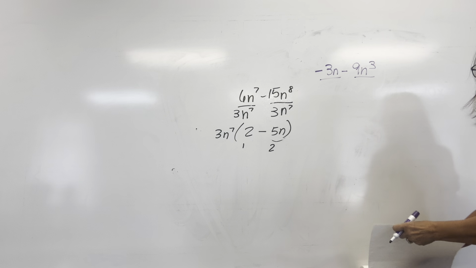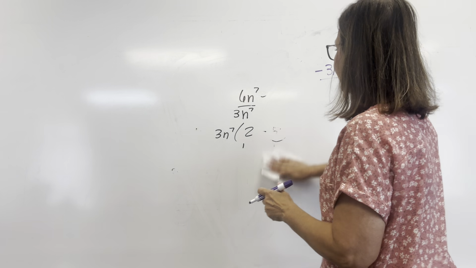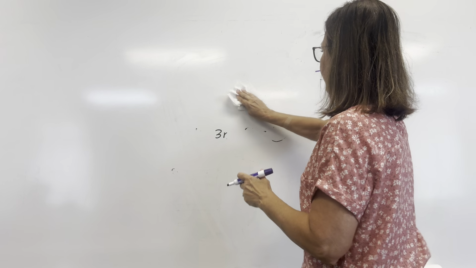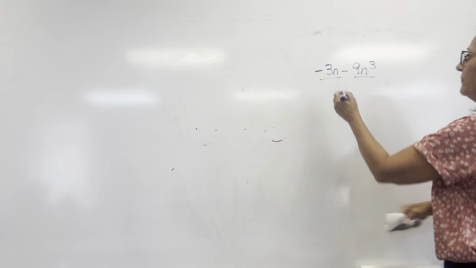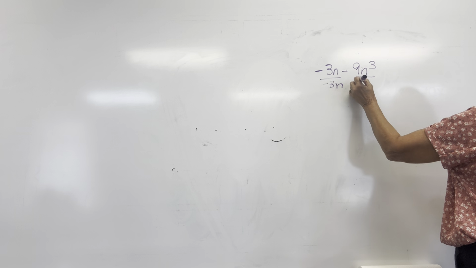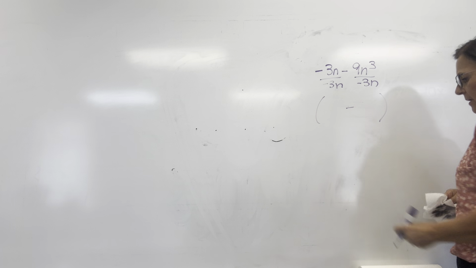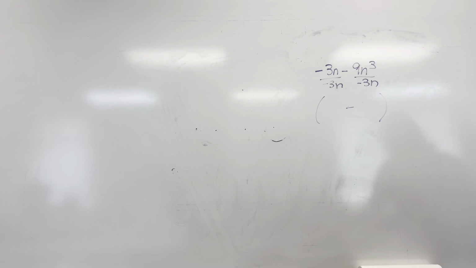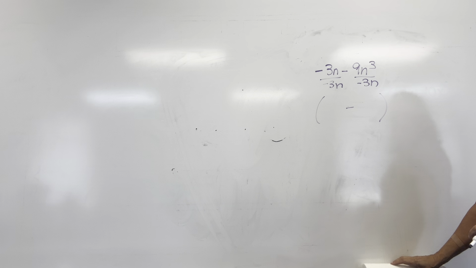The answer is no. So I'm taking the negative with the 3n. So I'm going to divide every term by negative 3n. Inside the parentheses, I'm still going to have 2 terms. Outside, I'm going to have 1.